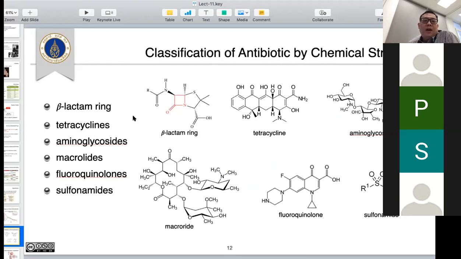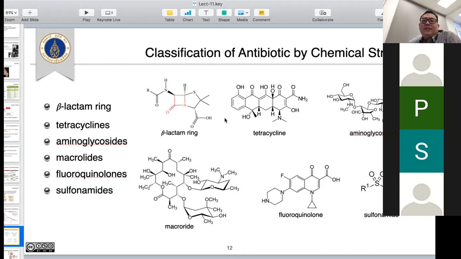The first group is beta-lactam ring. Beta-lactam means this red structure. A cyclic structure with 3 carbons, one nitrogen, double bond O. This is beta-lactam. The side ring can be 5 member or 6 member, that's okay.